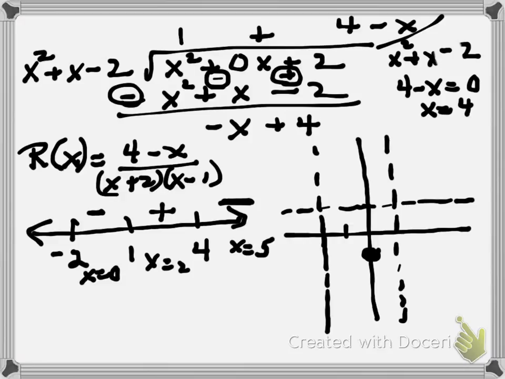And then if I try a number over here, let's say -3, I get 4 minus -3, which is positive in the numerator. -3 plus 2 is negative, and -3 minus 1 is negative, so negative times negative is a positive. I'm going to get positive in that region.